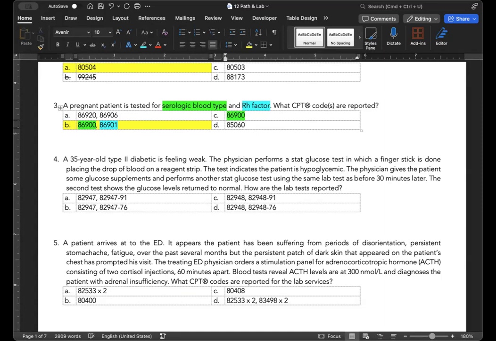The second test shows that the glucose levels have returned to normal. And so how are we going to report the lab tests themselves? So we have two codes essentially, right? A and B have 82947, and then C and D have 82948. So let's go look at those.